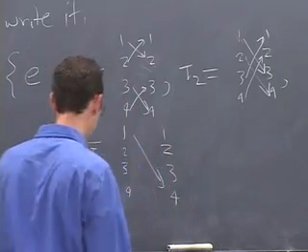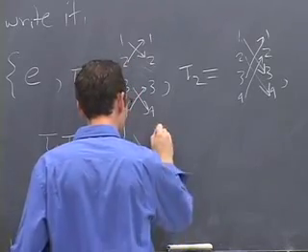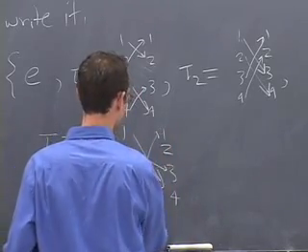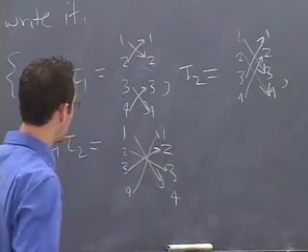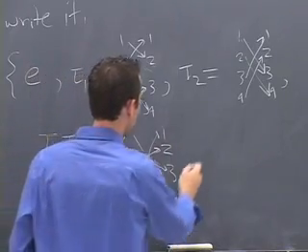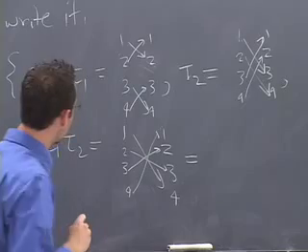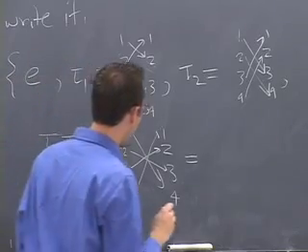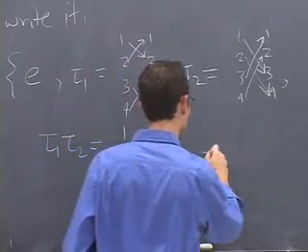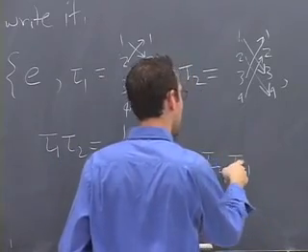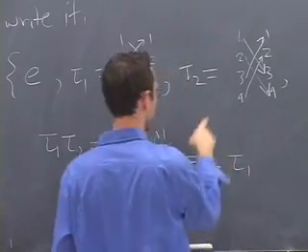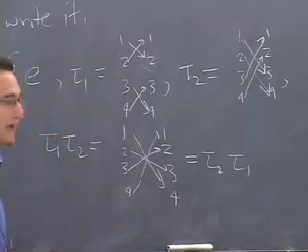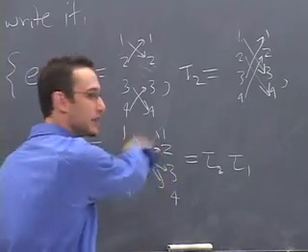And if I just keep on computing these things this way, I find that 4 goes back to 1, 2 goes to 3, 3 goes to 2. But it's also easy to verify that if I reverse the order, if I apply tau1 to something and then tau2 to the result of that, then I get exactly the same thing.